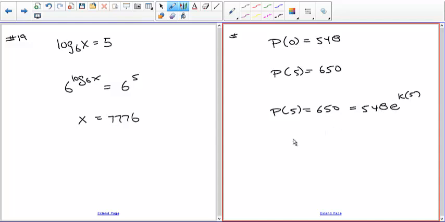So we're going to divide both sides by 548. So we take 650 divided by 548, which is 1.186. And it's an exponential, so again, you take the natural log of e to the 5k is equal to the natural log of 1.186.